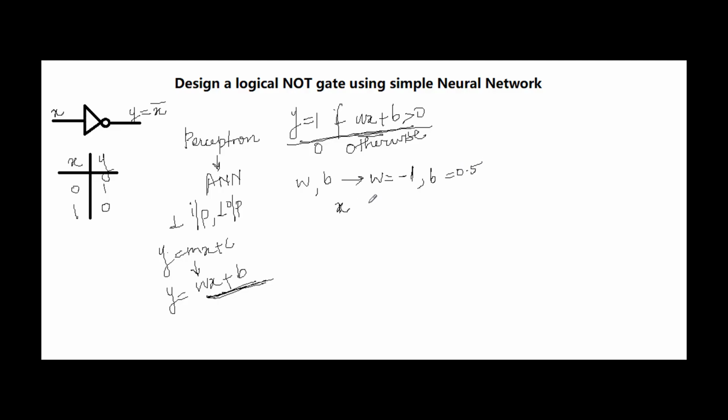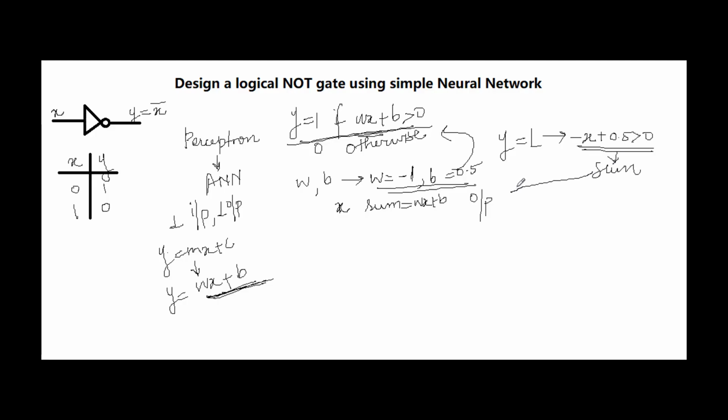Here I'll write my x, here I'll write the sum, which is nothing but the wx plus b calculation, and here will be my output. When I put these values into this equation, I get y equals 1 if my w is -1, so minus x, plus the bias 0.5 is greater than 0. So this is my equation. This is my sum which we will be calculating here.